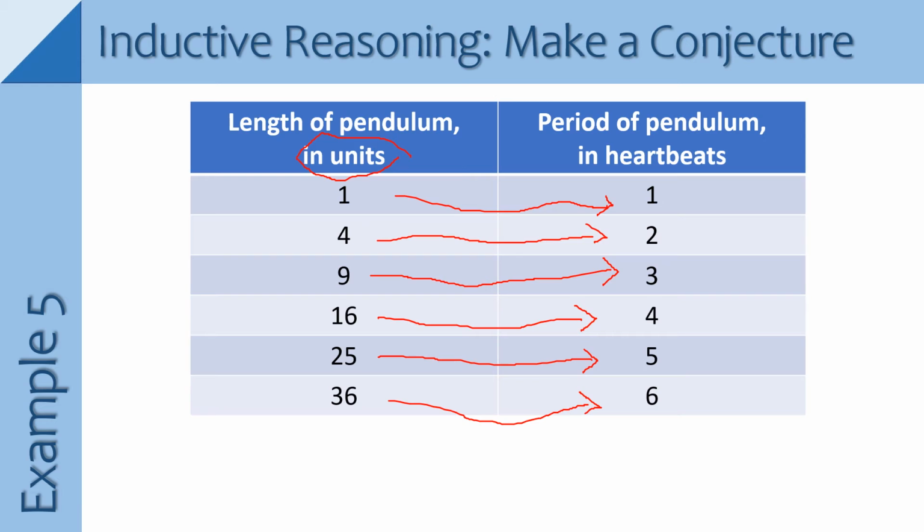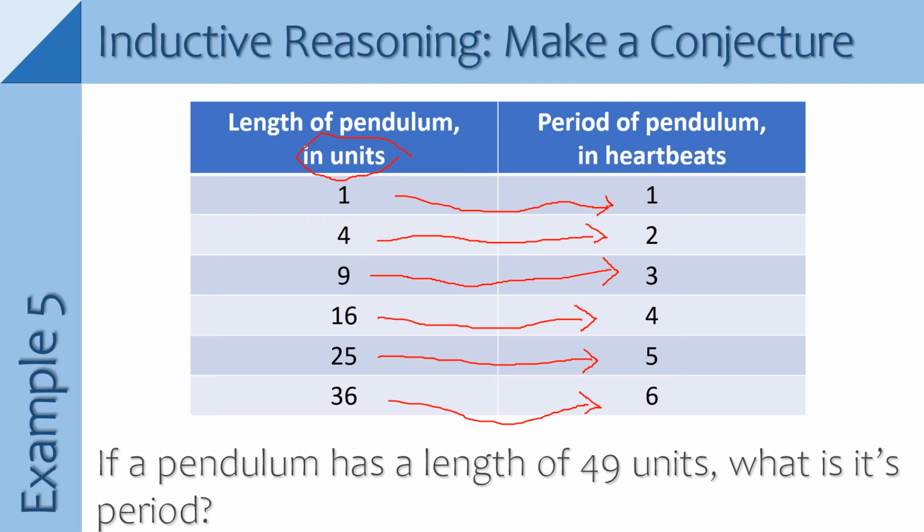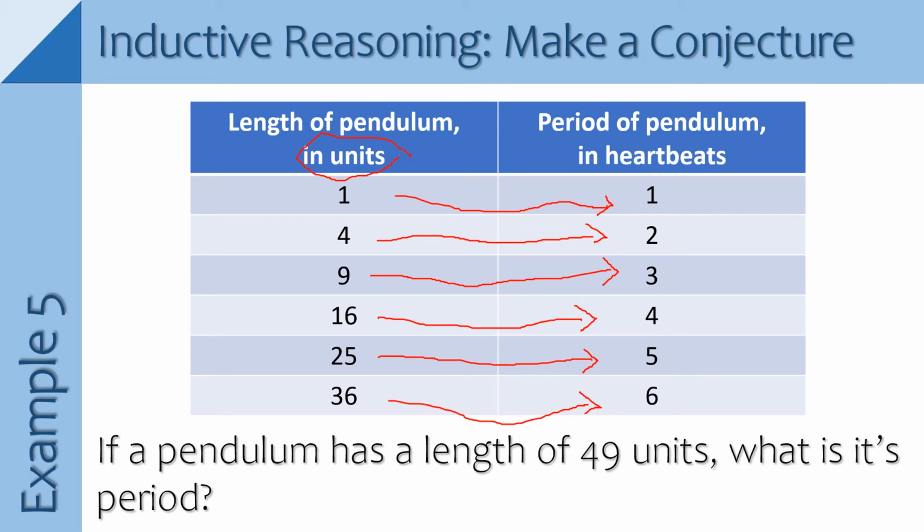So the question is, let us use inductive reasoning in making a conjecture. If the pendulum has a length of 49 units, what is its period?